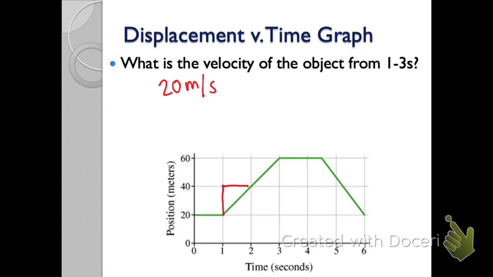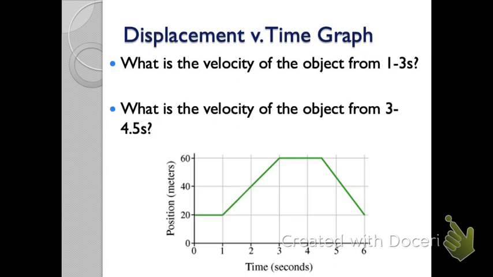Now, what is the velocity of the object from 3 to 4.5 seconds? 0. It has to be 0, because we already said we are standing still. When I'm not moving, my displacement is not changing, so it has to be 0 meters per second.